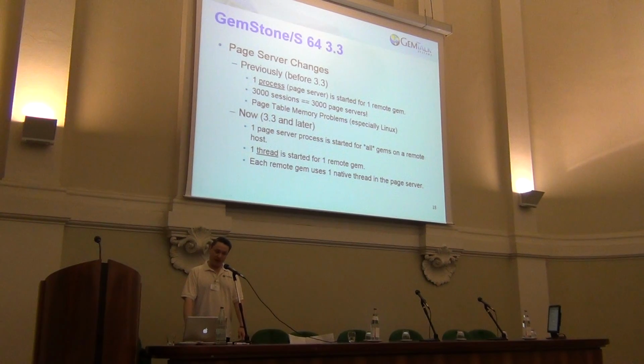And that can lead to problems with page table memory, especially on Linux, where the Linux kernel doesn't necessarily know that those are all duplicate processes looking at the same memory. And it can get quite expensive in terms of overhead memory that the server consumes. In 3.3, we've multi-threaded the page server so that you get down to one page server per remote VM host.